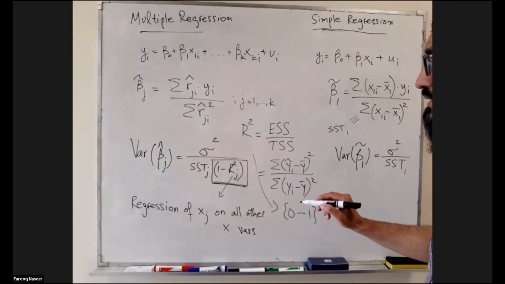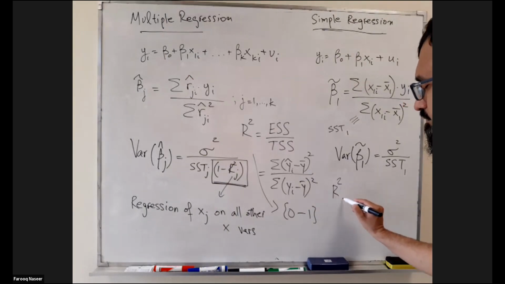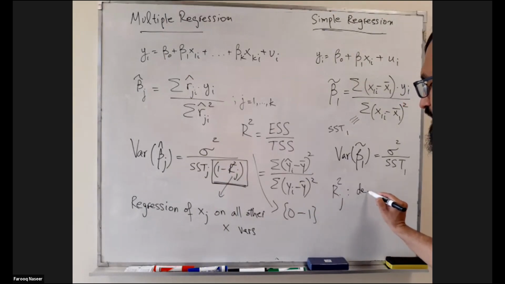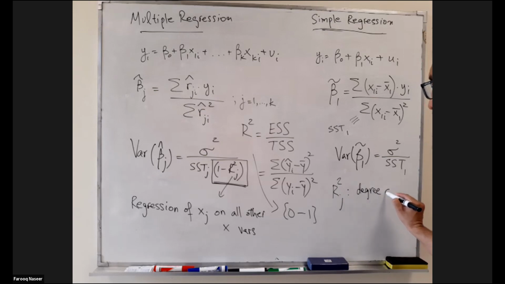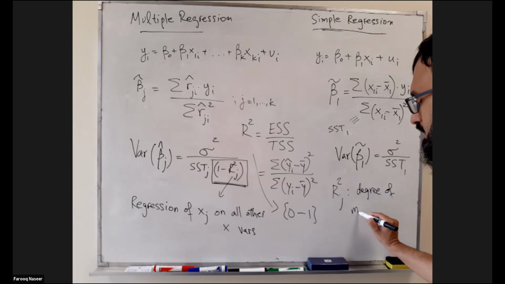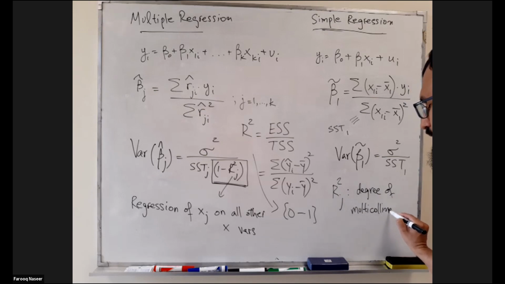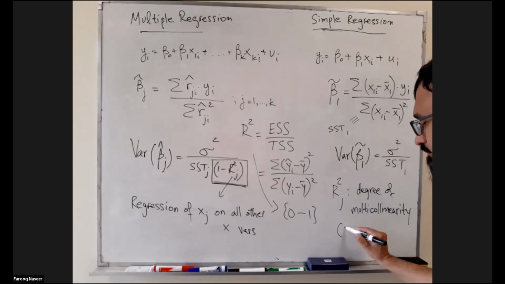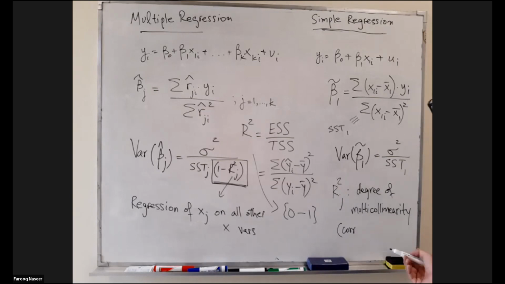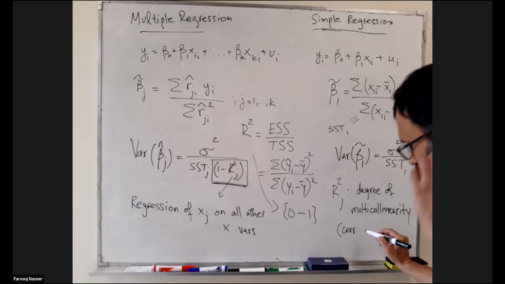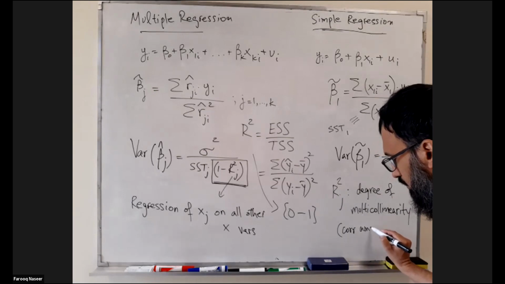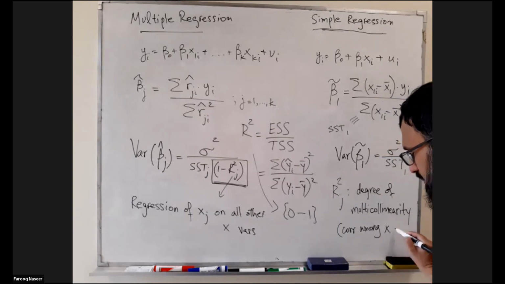So r squared j measures the degree of what we call multicollinearity in our model, or the degree of correlation among the x variables. So multicollinearity is a fancy term for correlation among x variables.